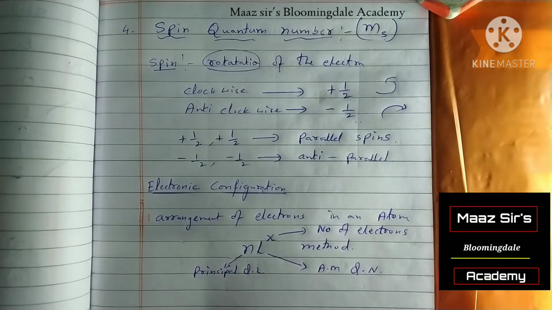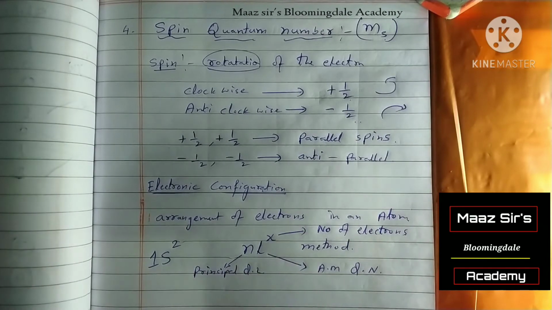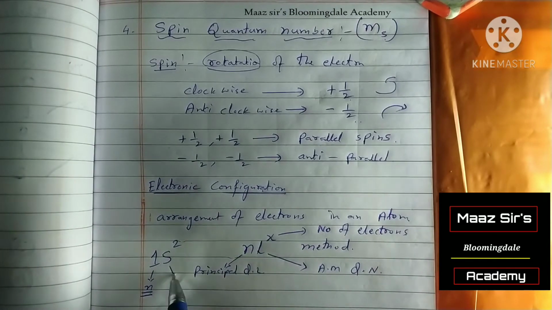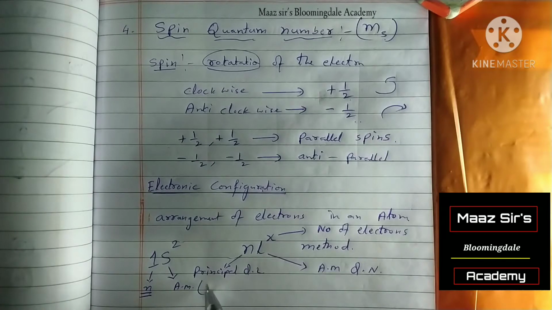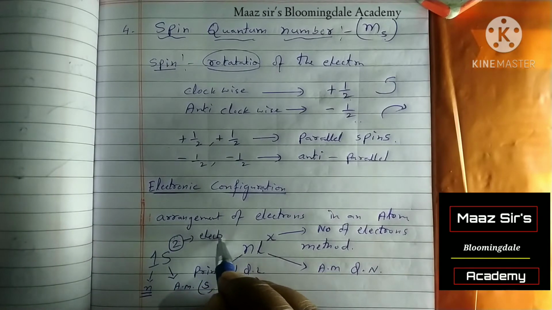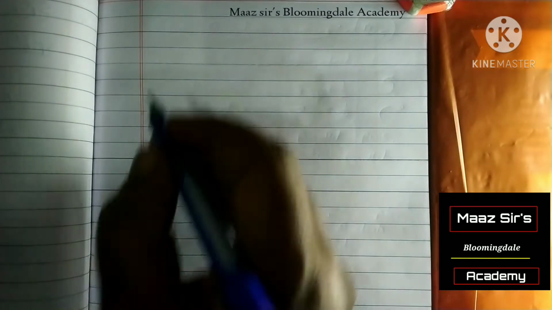For example, if I am writing 1s2, 1 tells about your principal quantum number, s tells about your angular momentum quantum number. As you know, angular momentum quantum number tells about the subshells s, p, d or f. And in s subshell, how many electrons are there? 2 electrons are there.